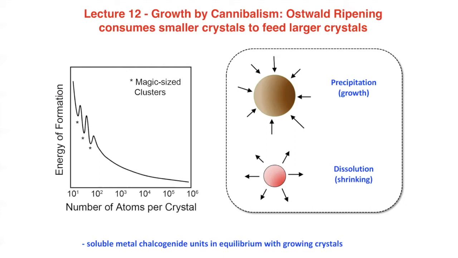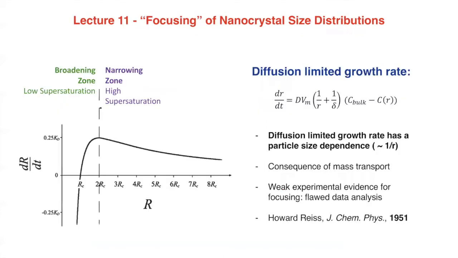So all the particles grow, and under those conditions, the growth rate of the small ones can be larger if it's in a diffusion limited growth mechanism. And that gives rise to size distribution focusing, according to Howard Reiss. And there are papers about this and how the growth rate of different sizes changes with time.